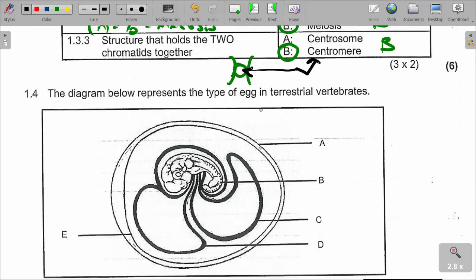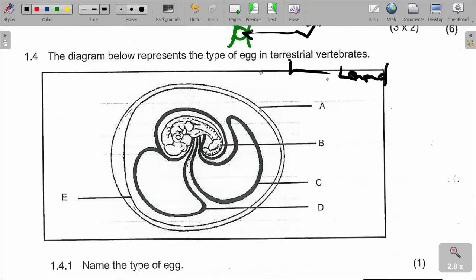So the diagram represents the type of egg in terrestrial vertebrates. Terrestrial animals are organisms that live on land. And then we have to answer the questions that are there.